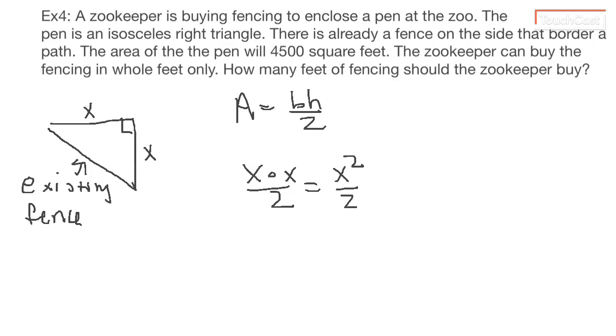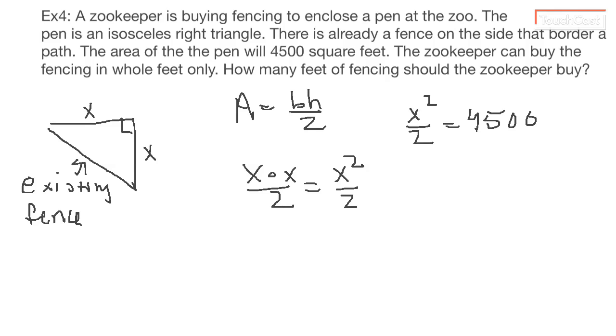In this situation, we have 4,500 set equal to x squared divided by 2, and we're going to solve this for x.